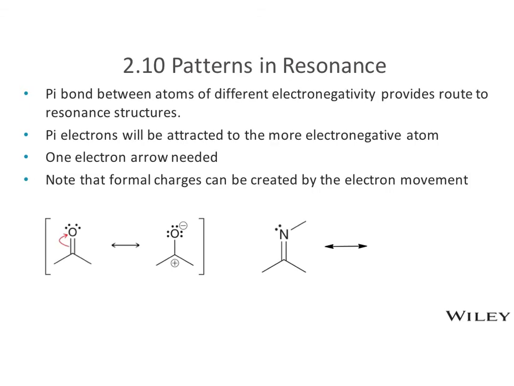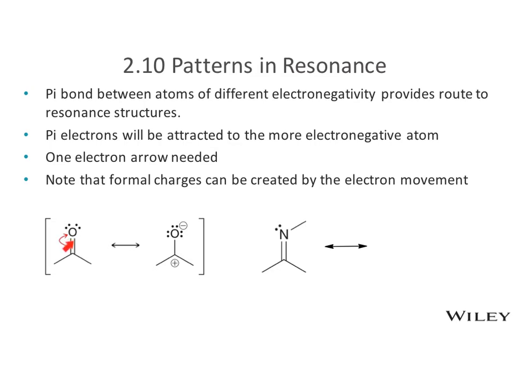All right, next move we could do. This is sort of the opposite of the one we just did. If you have a pi bond between two atoms of different electronegativities, then you're set up to do our fourth move, which is move the electrons from the pi bond out to a lone pair on the more electronegative atom.